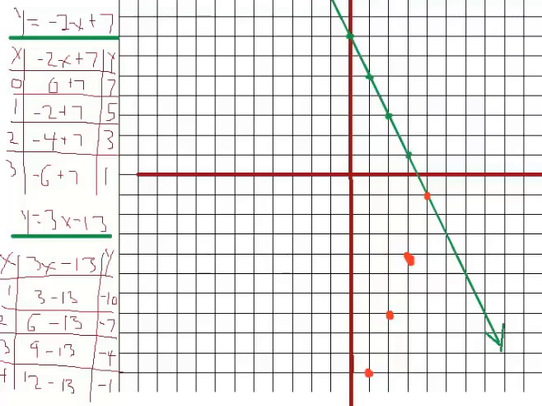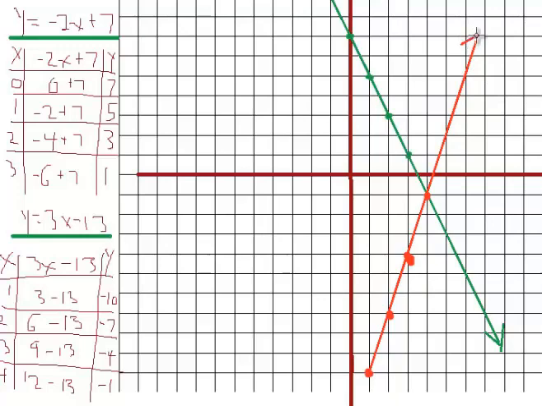Now let's draw our equation. Let's start here. Let's make sure that this is as straight as possible. And there we go. These are our two lines.